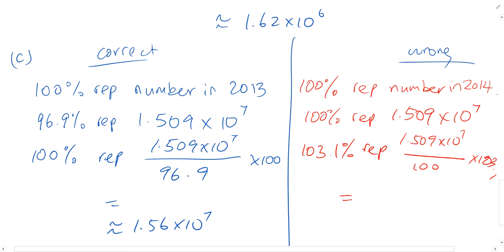So this number, 1.509 times 10 to the power 7 divided by 100 times 103.1, we get 1555790, which has to be the same after you round off, but if you don't round off, what is this value?